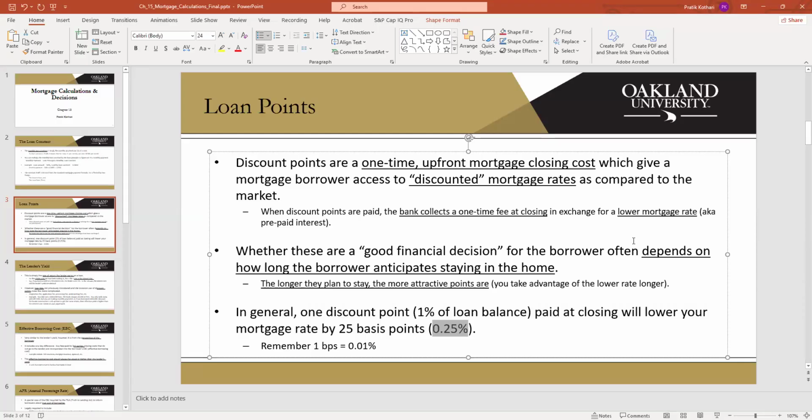Or 25 basis points. Because remember, 1 bip equals 0.01%. I will repeat. In general, the offer that people get when they are going to a bank is that pay 1% of the loan balance to reduce the interest rate on your loan by 25 basis points or 25 bips. Okay.